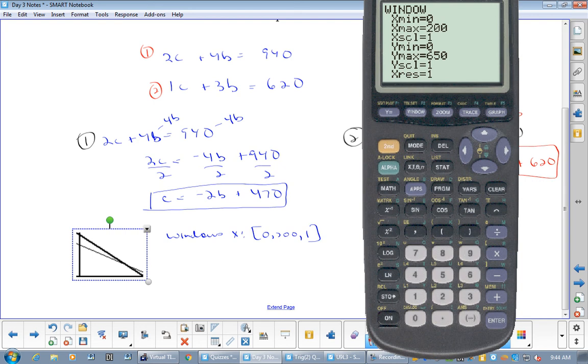Now, 1 means I'm counting by ones. You can count by 10s, you can count by 20s, and then every little mark is a 20. And my Y min, 0, max, 650, and counting by ones. And don't worry about your X res. And then there's my picture for that.